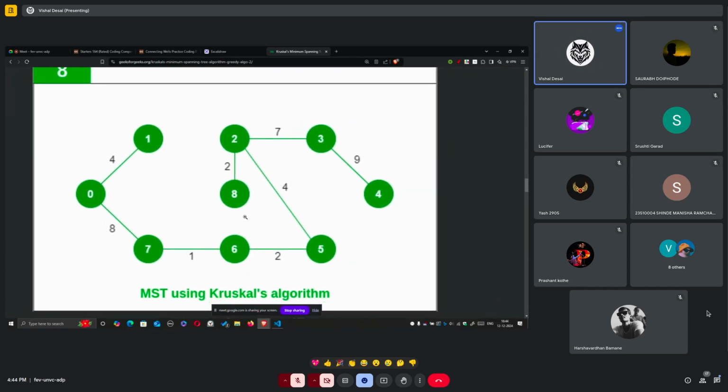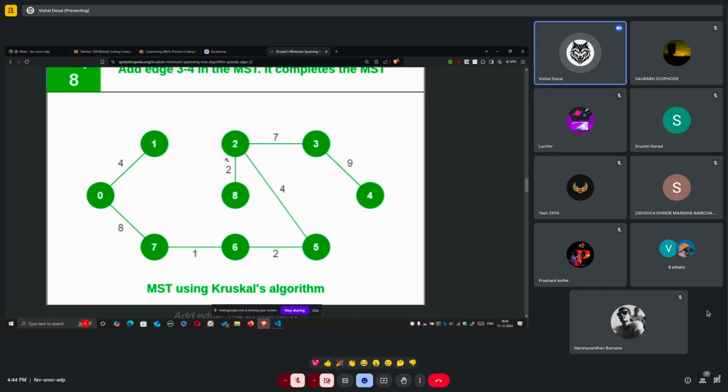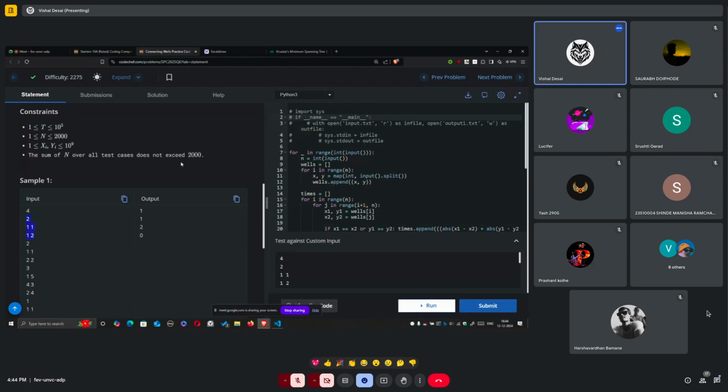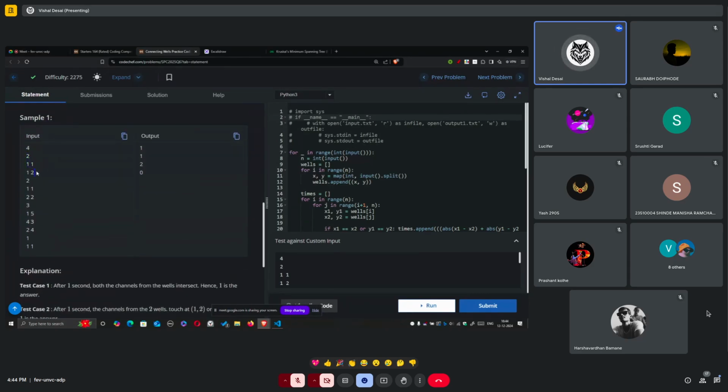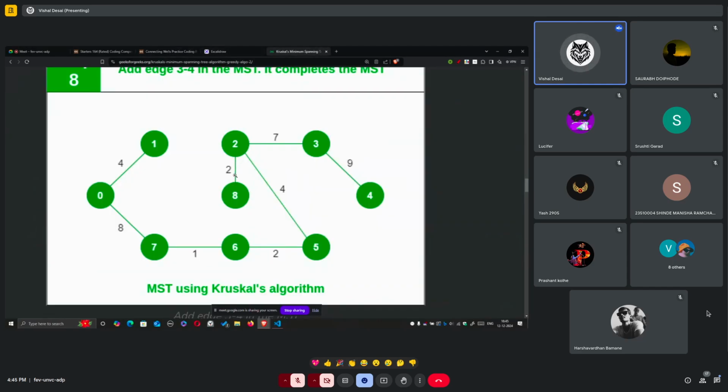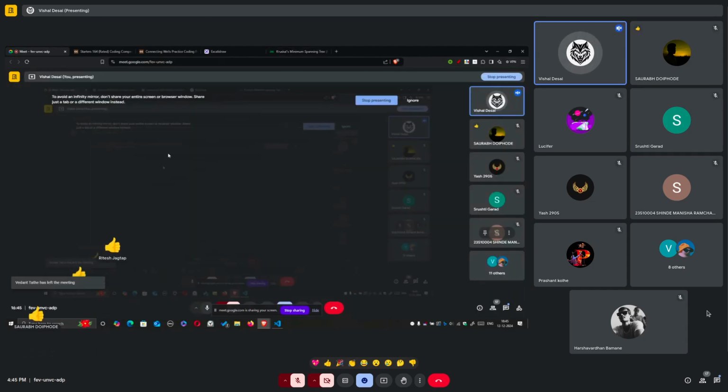Now, this is what we have to accomplish in this problem. Yes or no? We have to connect these nodes such that we have minimum distance between them. If it is going above your head, please say so.